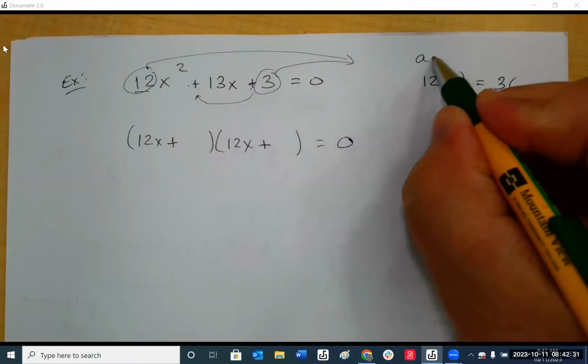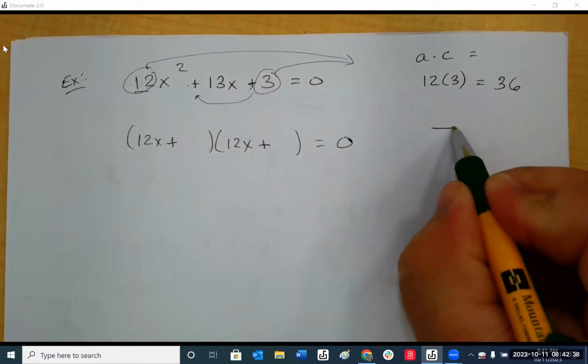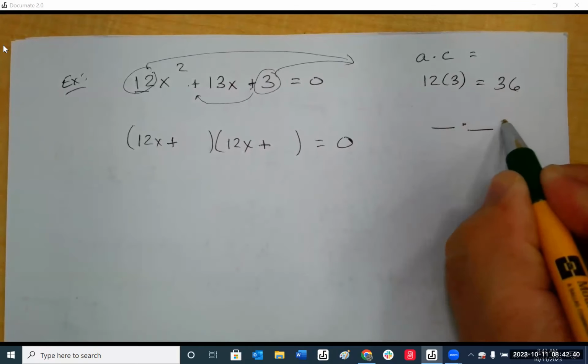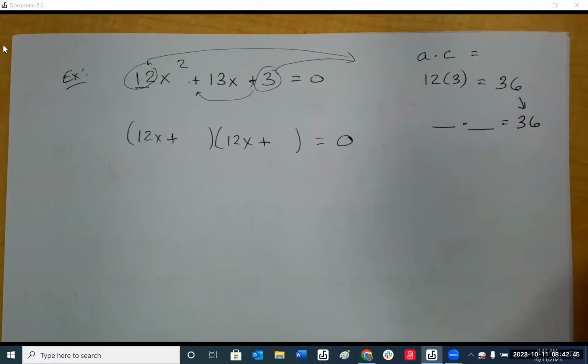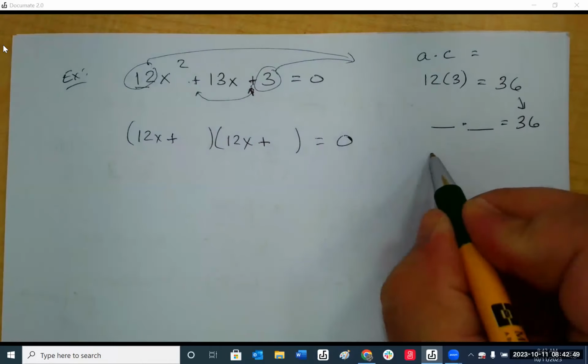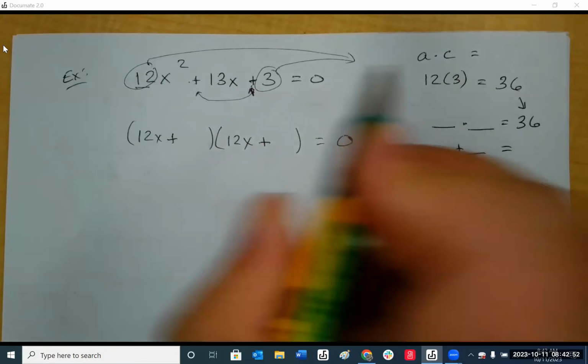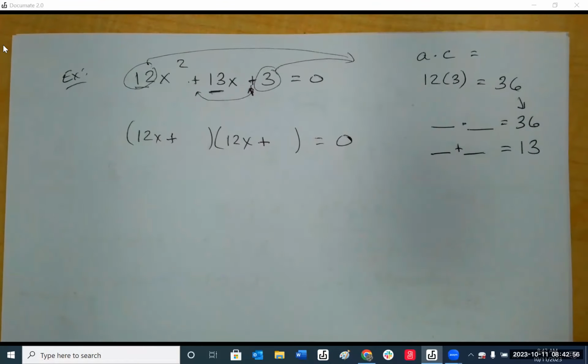This is A times C. We have to figure out what two numbers multiply to give you 36. Since that's a plus, when you add them, you get 13. So what two numbers multiplied together give you 36?